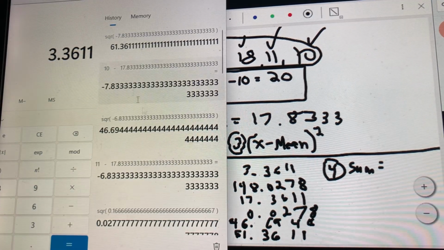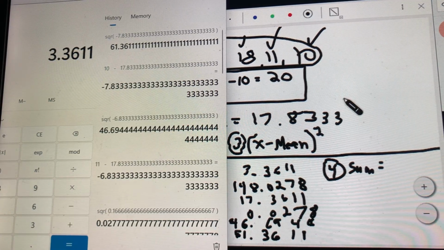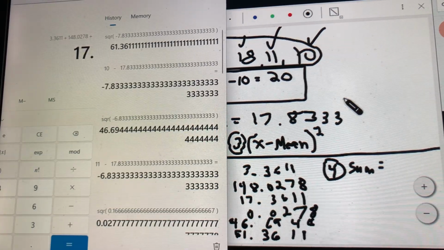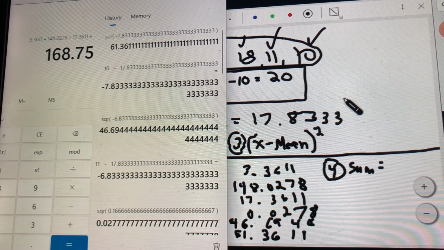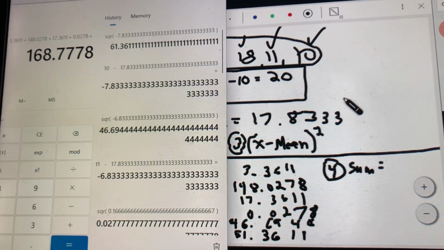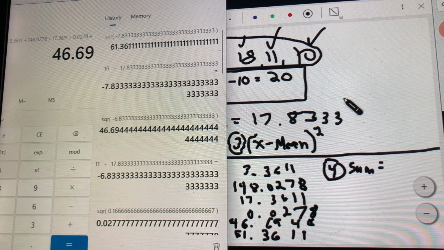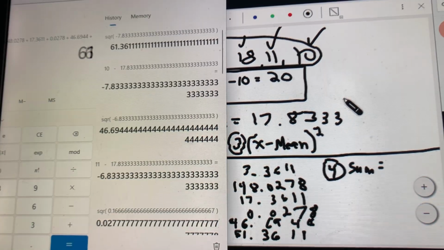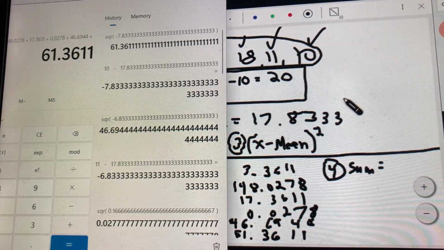3.3611, I'm adding these 6 numbers right here, plus 148.0278, plus 17.3611, plus 0.0278, plus 46.69, I think that's a 4, can't even read my own writing now. 4.4, I think it was, and then 61.3611.